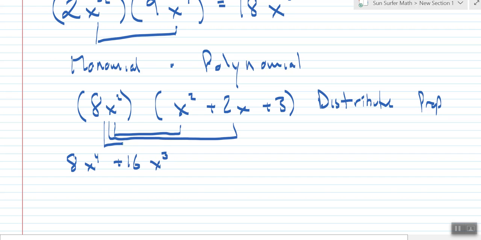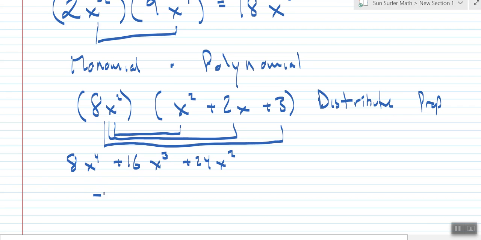And then 8x squared times the 3 would be 24x squared. And so that is the distributive property. We simply take the monomial term and multiply it by each term in the polynomial.